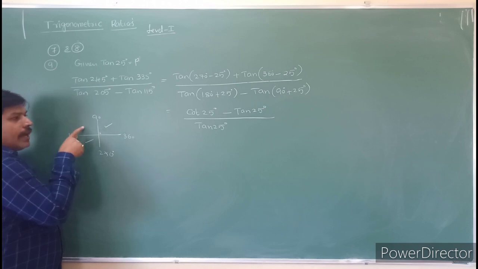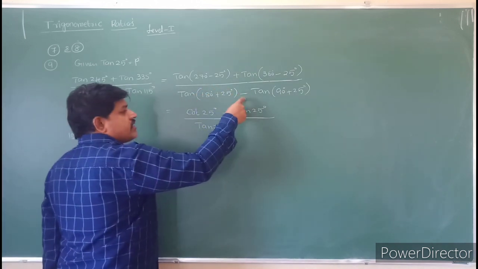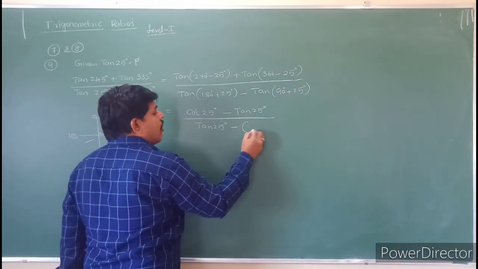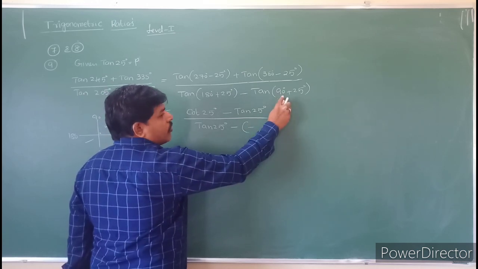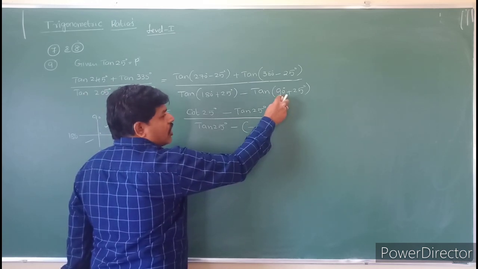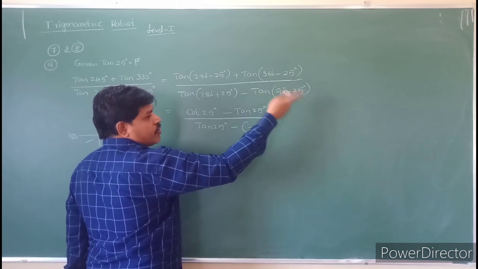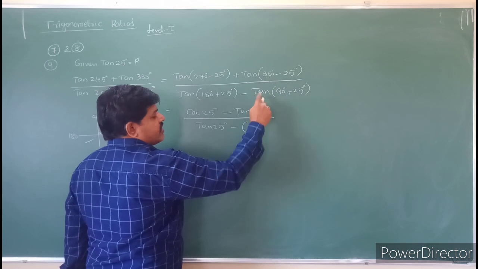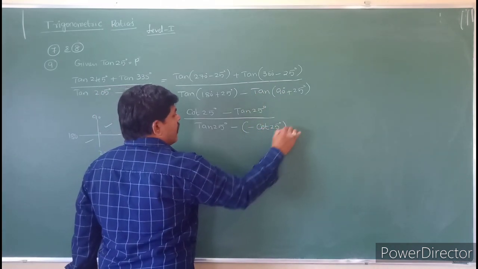In the second quadrant, tan is negative. Already a minus is there, so it will become minus of minus. Also see here, it is an odd multiple of 90, or of pi by 2, so tan will take the co-ratio, that is cot. It will become cot 25 degrees.